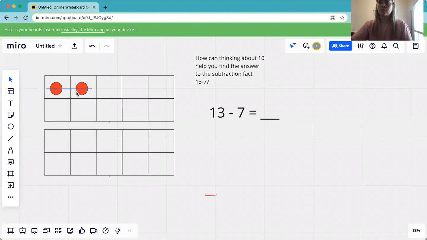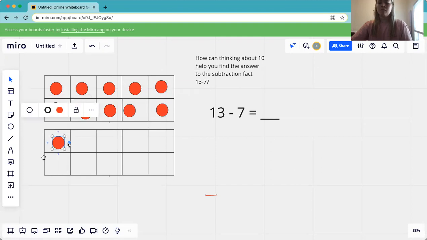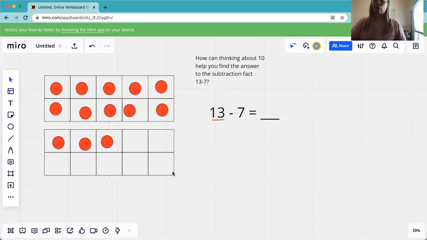All right, so 3, 4, 5, 6, 7, 8, 9, 10, 11, 12, 13. So I have my 13 counters there.